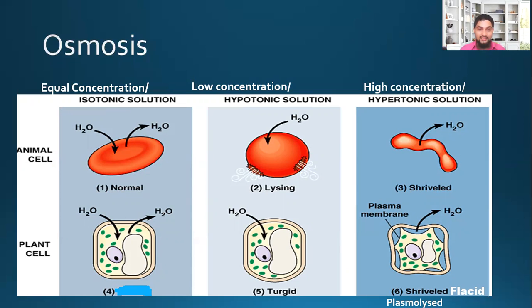It means that outside of the cell and inside of the cell have equal concentrations of the water molecules. In the middle, we have hypotonic solution. Hypotonic solution meaning that you are placing the cell in a solution that has very low concentration of water.